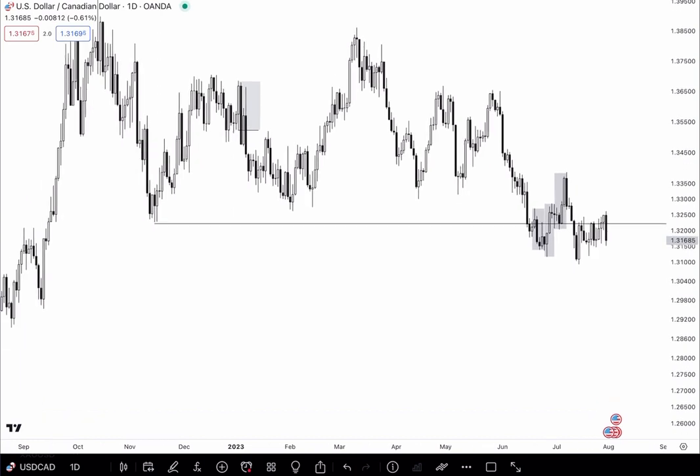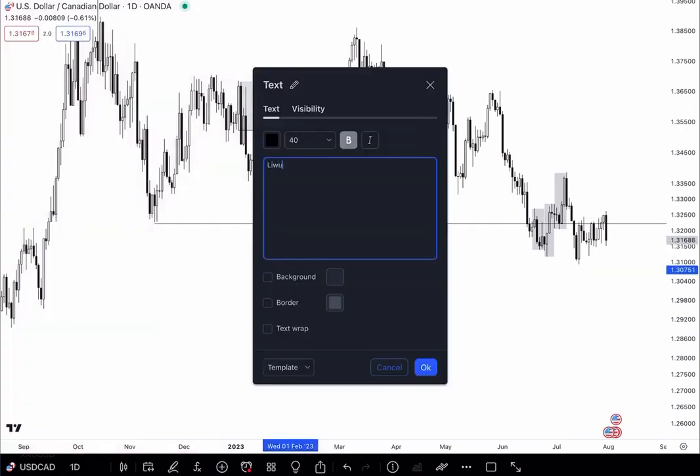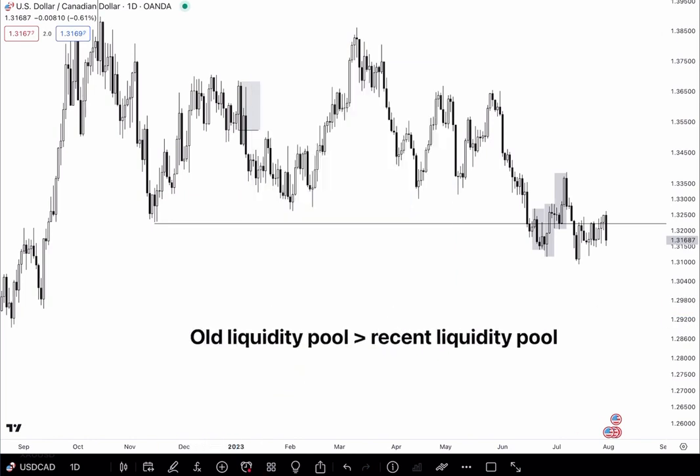One of the highest probability models you'll ever find is taking all liquidity and transferring it to a recent liquidity pool, right? What does that mean? Old liquidity pool to a recent liquidity pool.